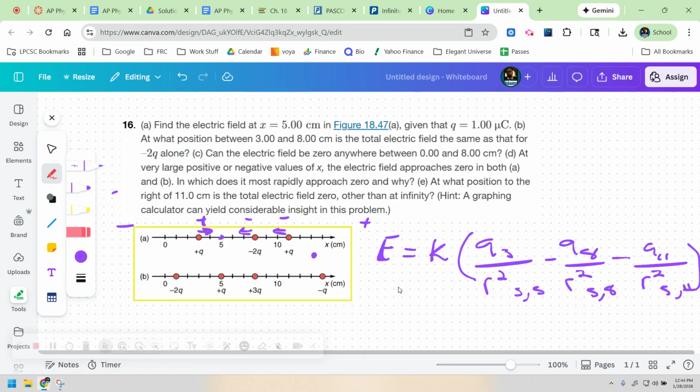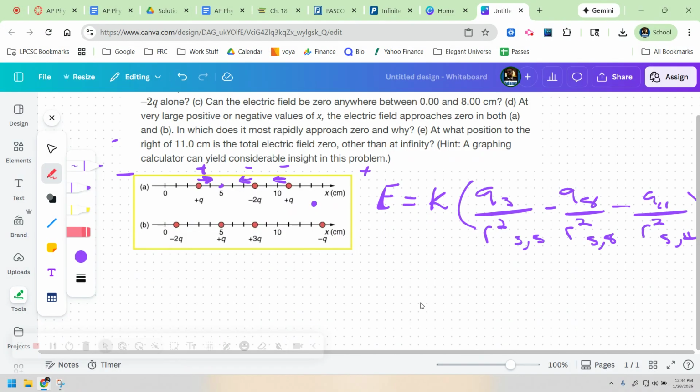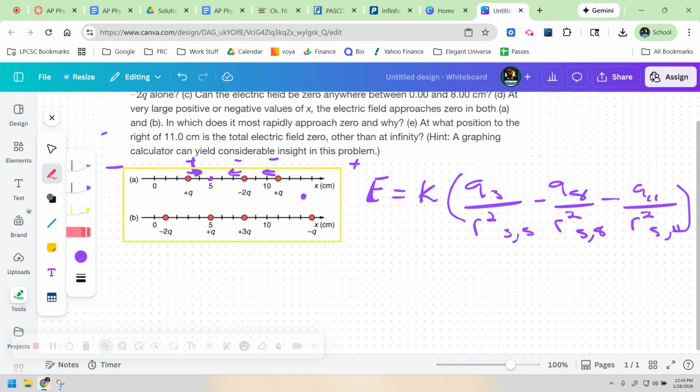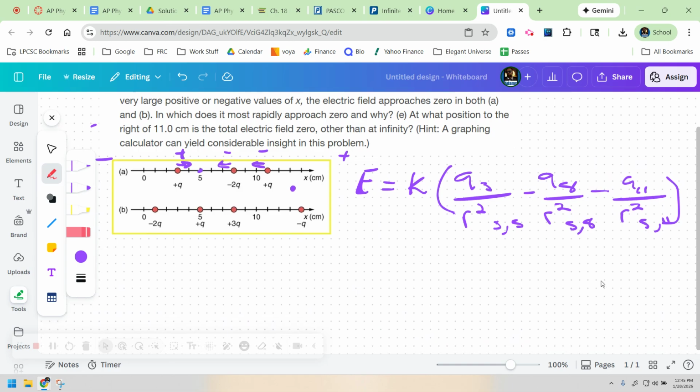I'm kind of running out of room, but that's okay. Let me slide up a little bit. All right, there we go. So anyway, when we plug in the numbers, we're going to have 8.99 times 10 to the 9.